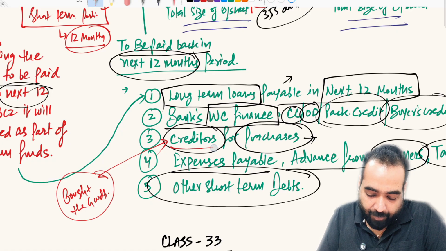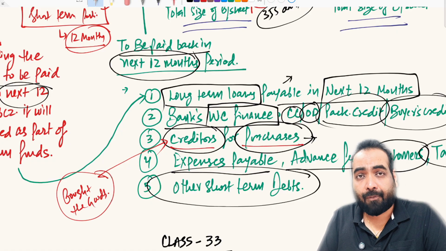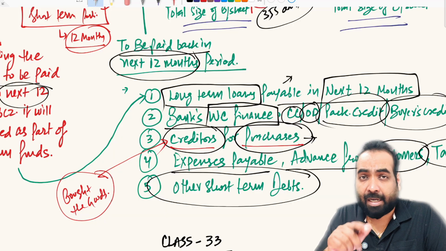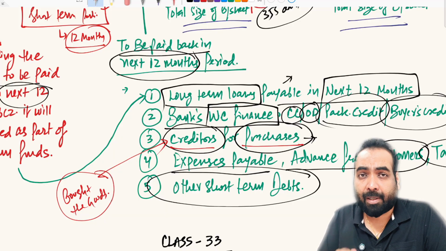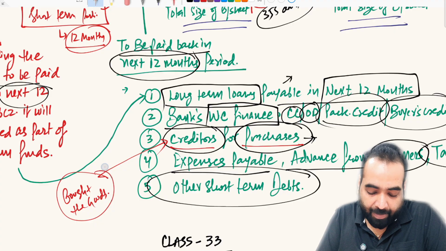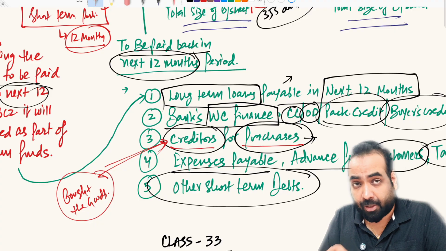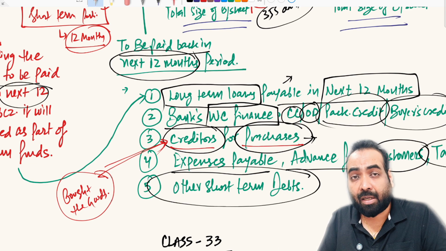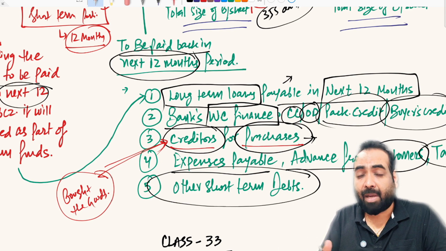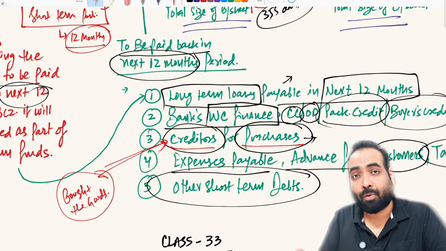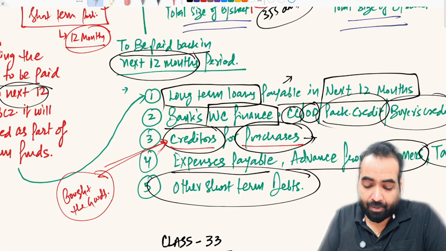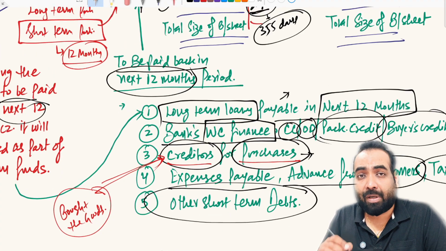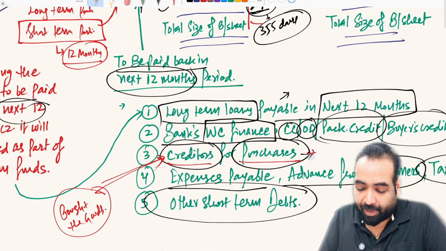So if you have bought the goods from them, and due to your financial crunch, or your inability, or your incompetence, you are not able to pay them back in the desired period as per the contract period, you are thinking that you don't have any money, so you will not be able to pay them back in the next 12 months period, or some court cases are going on, right?